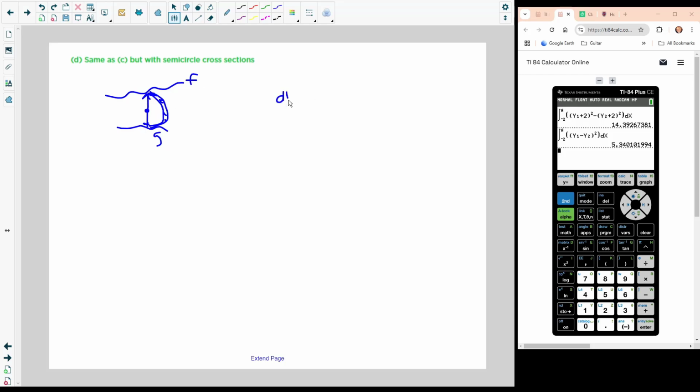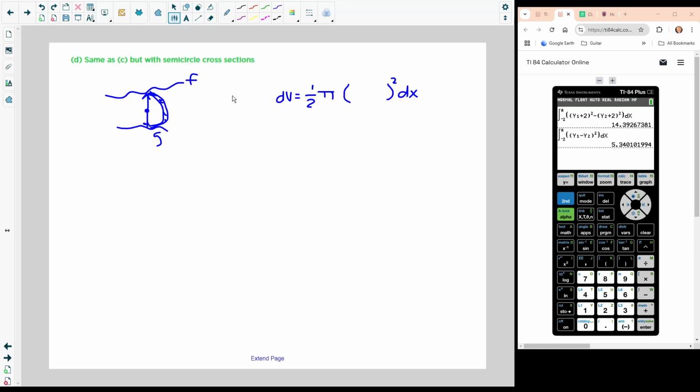The differential volume, meaning the volume of one of these infinitely thin taco shells, is of course a half cylinder. It's a half cylinder, which is pi r squared, and then the thickness dx. So it's a half cylinder pi r squared dx.